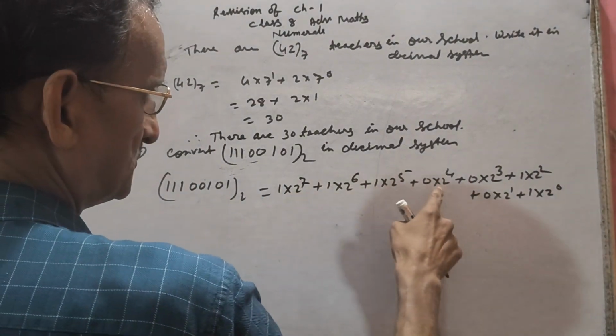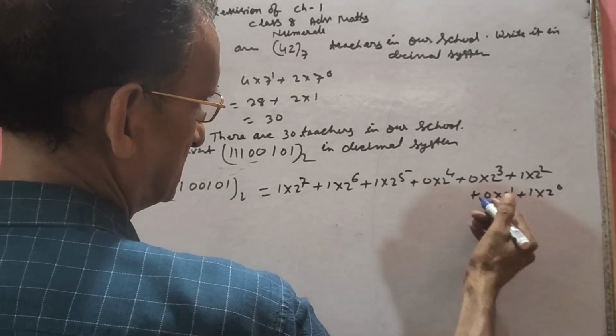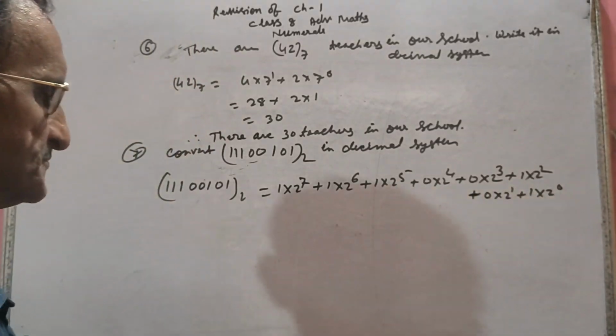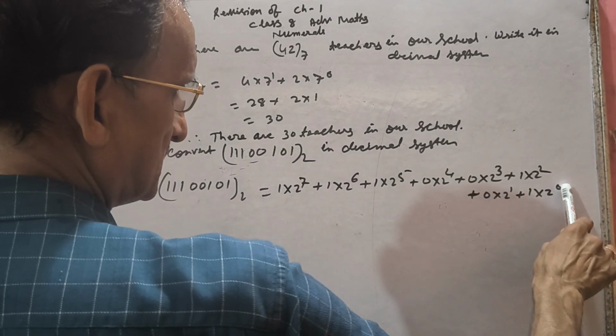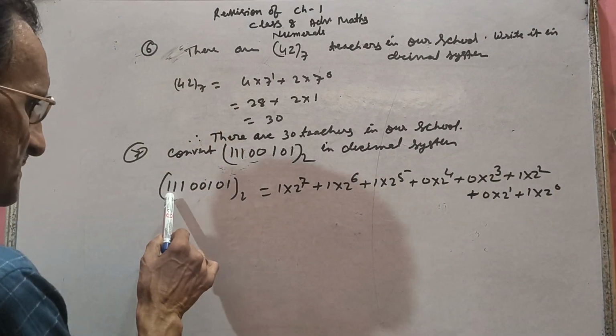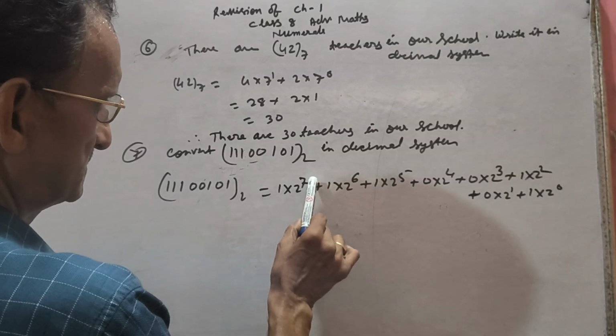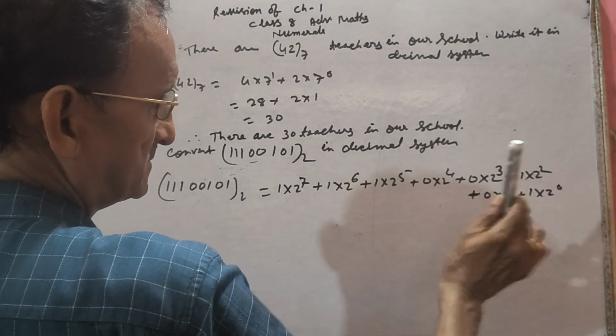Once you should check by counting: the number of digits is 8, so we start from 7, then only we will get till power 0.